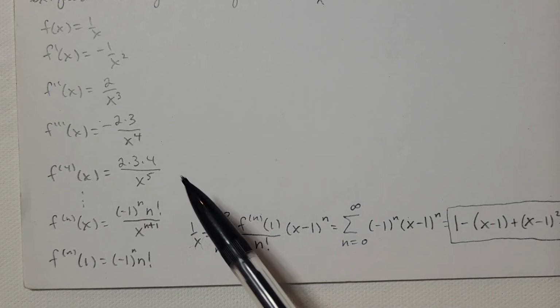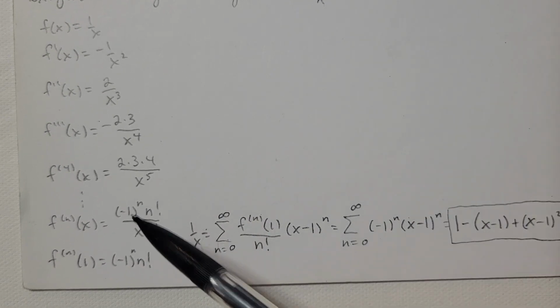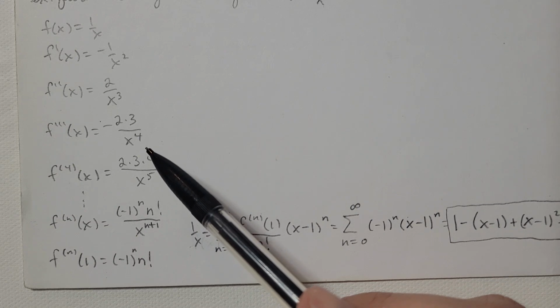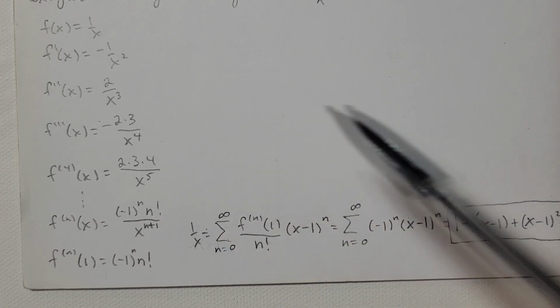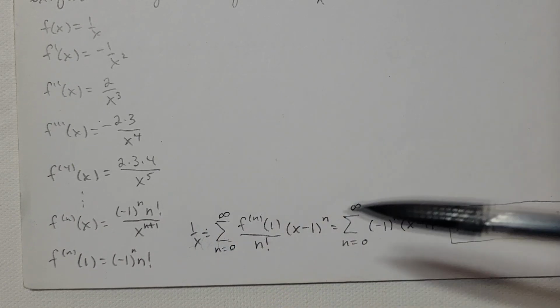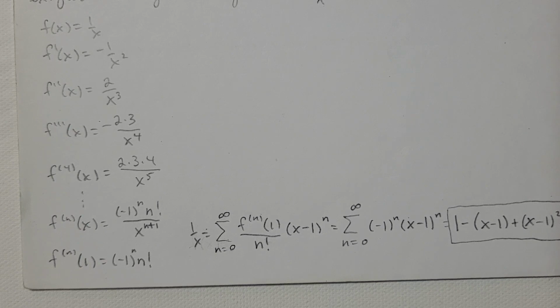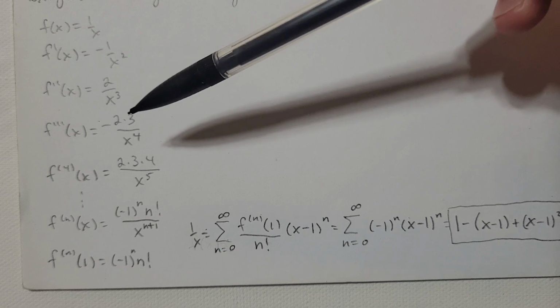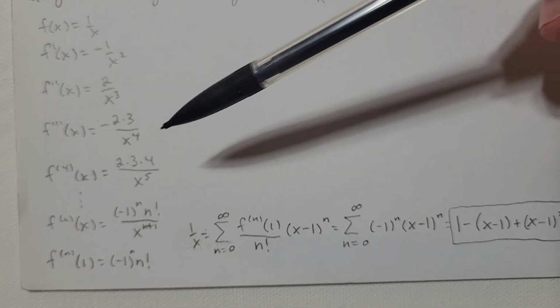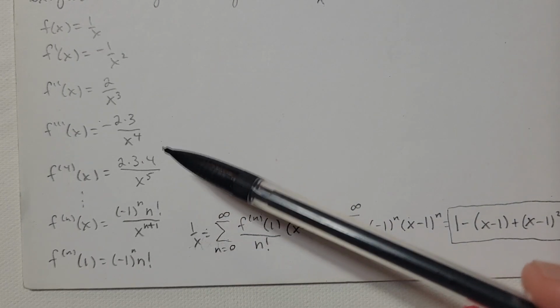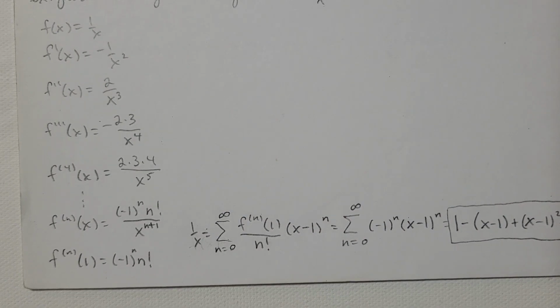And then the fourth derivative, let's see, I got negative 2 times 3 times x to the negative fourth. When I take the derivative of that, bring down the power of negative 4. So negative times negative would be positive then. Right, so 2 times 3 times 4 times x to the negative fifth, or 2 times 3 times 4 divided by x to the fifth.